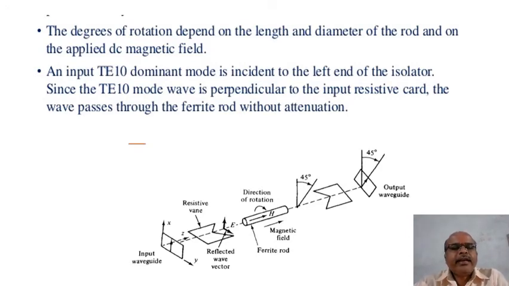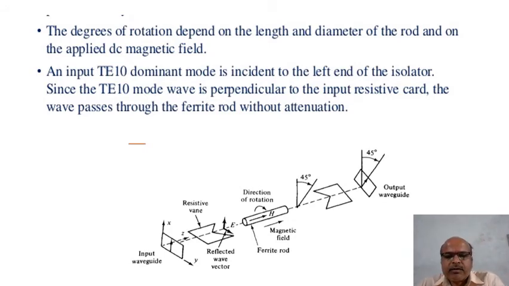An input TE10 dominant mode is incident to the left end of the isolator. Since the TE10 mode wave is perpendicular to the input resistive card, the wave passes through the ferrite rod without attenuation.